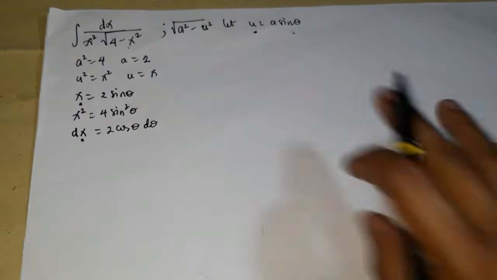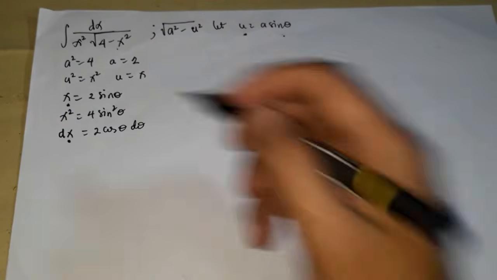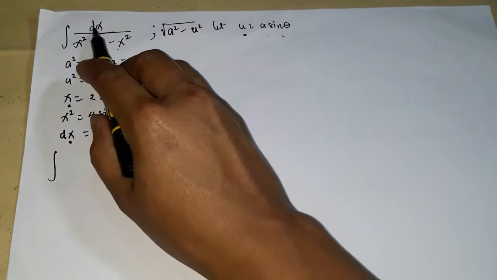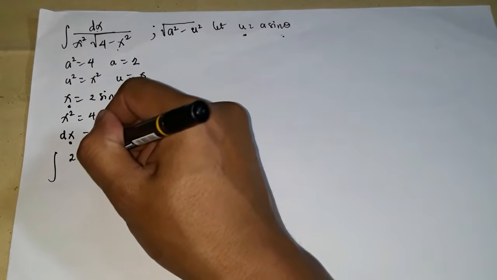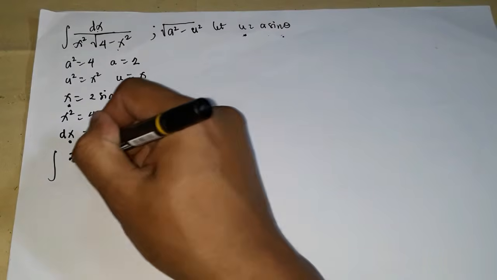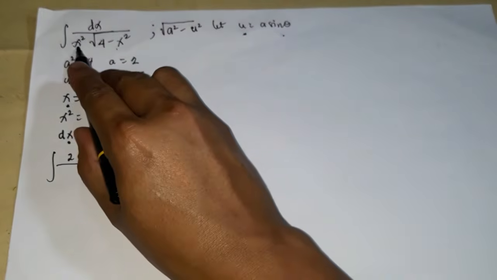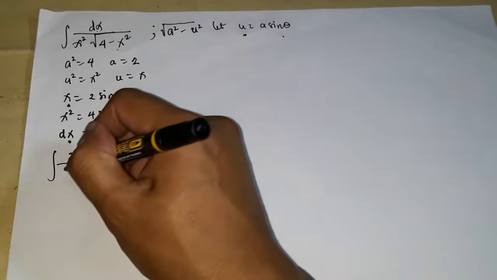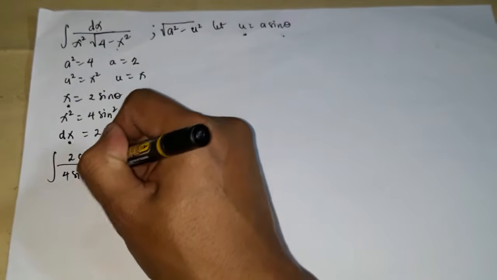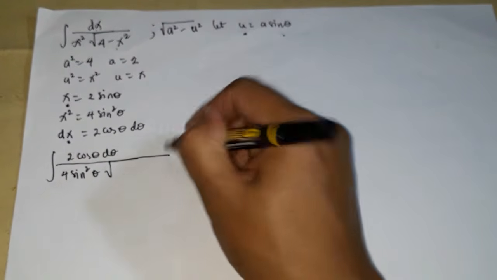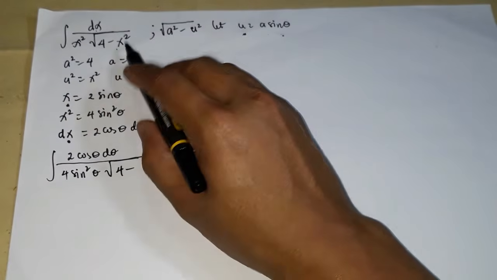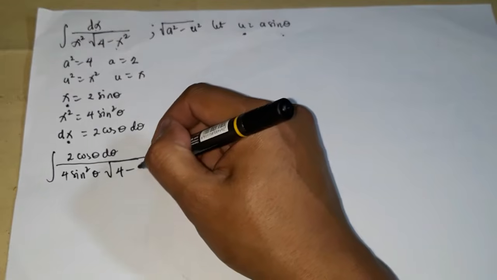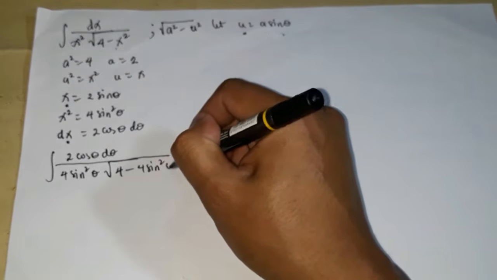And then we change the variable. So we have the integral of dx, represented by 2 cosine theta d theta, all over x squared, represented by 4 sine squared theta, times the square root of 4 minus, again, another x squared, so that is 4 sine squared theta.